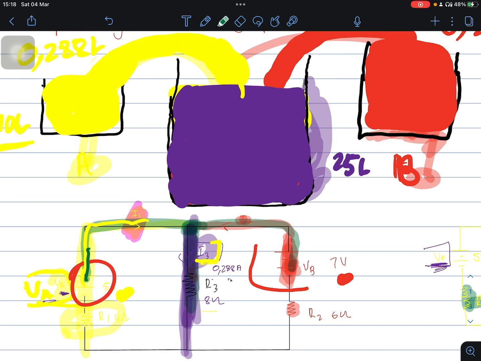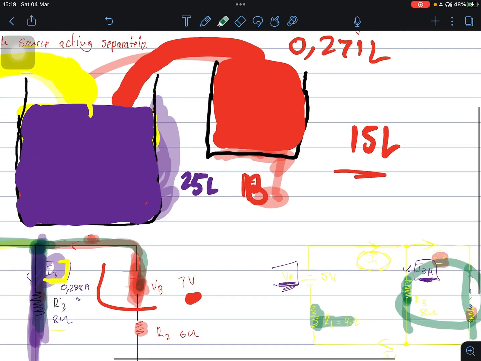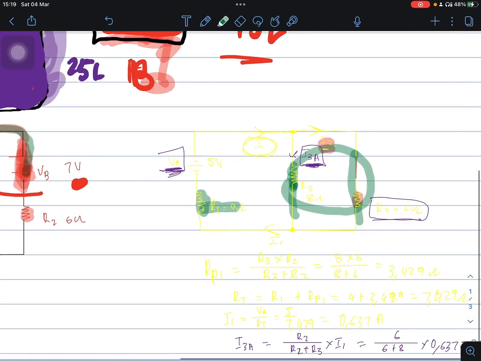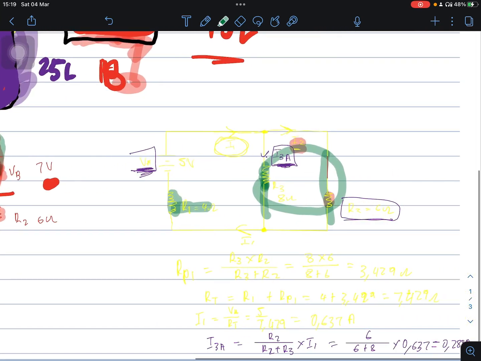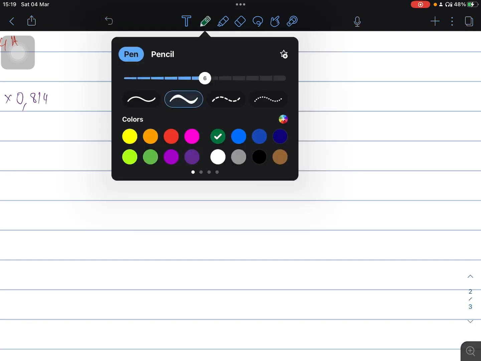Because they flow in the same direction, we have to add in order to get the resultant.